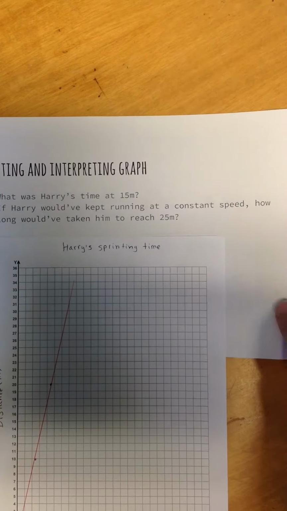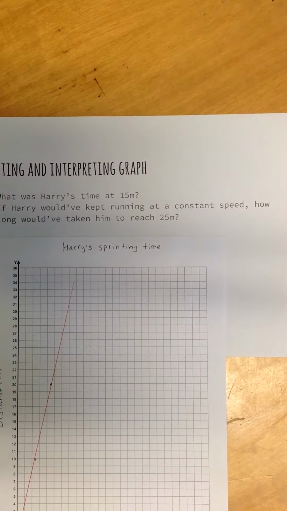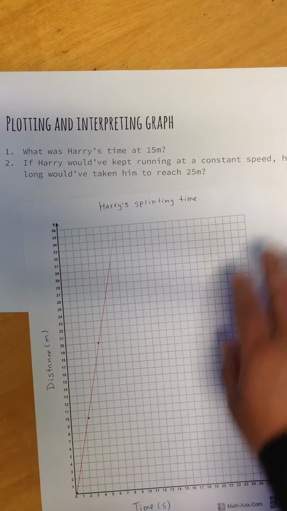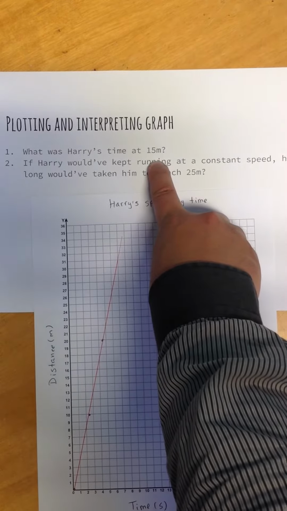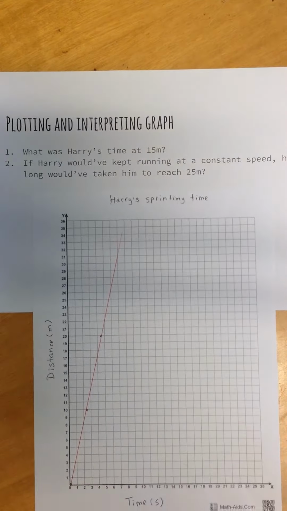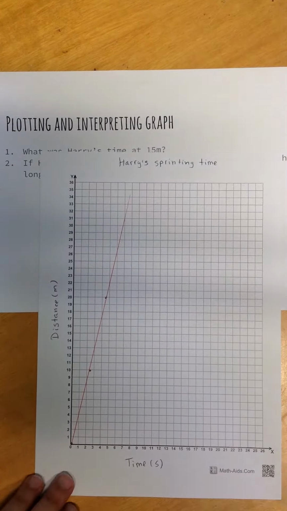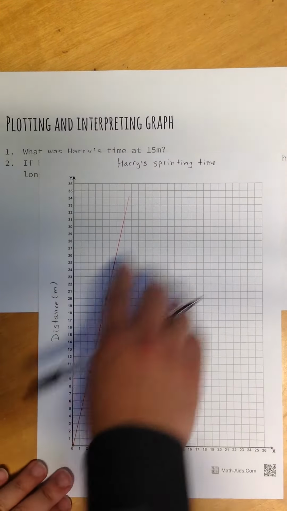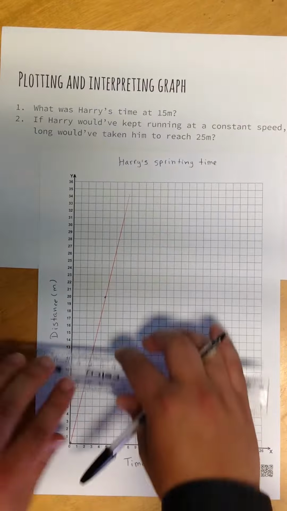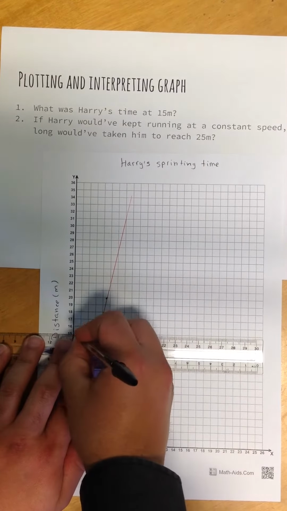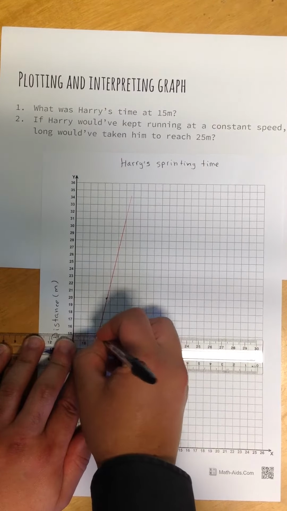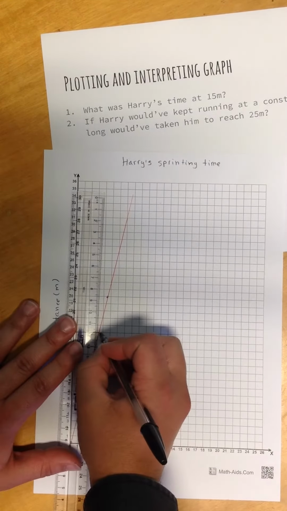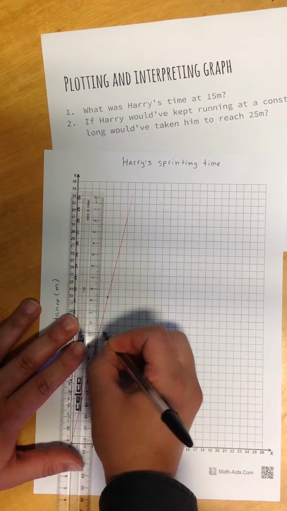Let's go for the question. What was Harry's time at 15 meters? So it's given us the distance, we need to find the time. So let's take our ruler again. At 15, there's the line there. We can look across until we touch the line, and then we see what time he got. 15 meters.